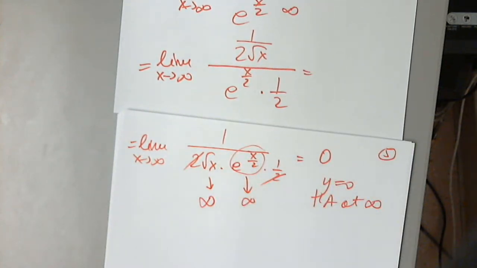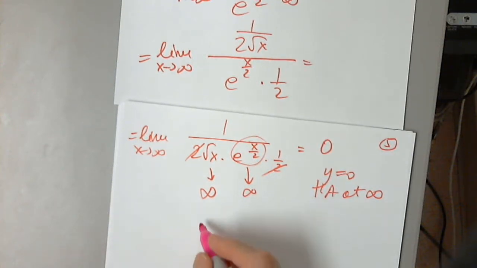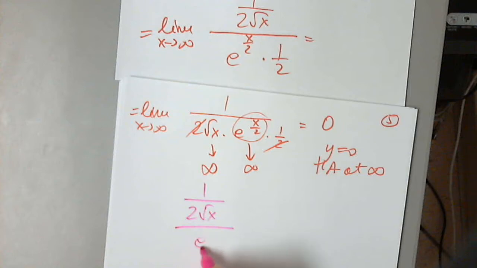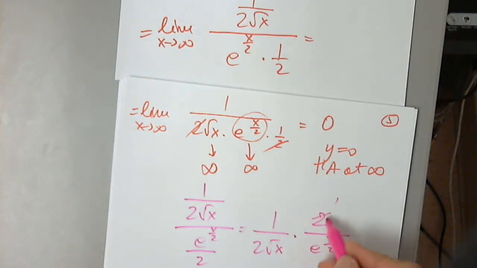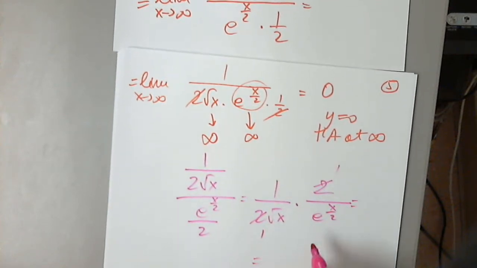So let me show this in a different way. Maybe that's clearer. So it's 1/2 the square root of x, everything divided by e to x over 2 over 2. I copied the numerator, the fraction from the numerator, and I flipped the denominator. And then I simplify. Is this better?